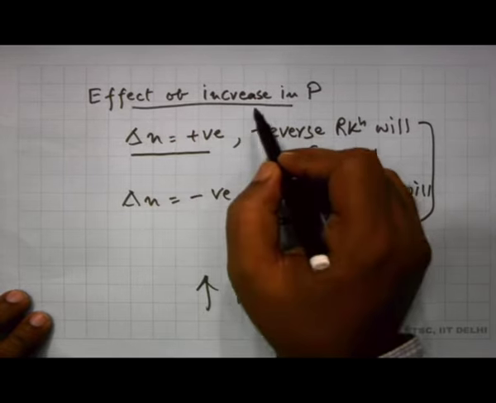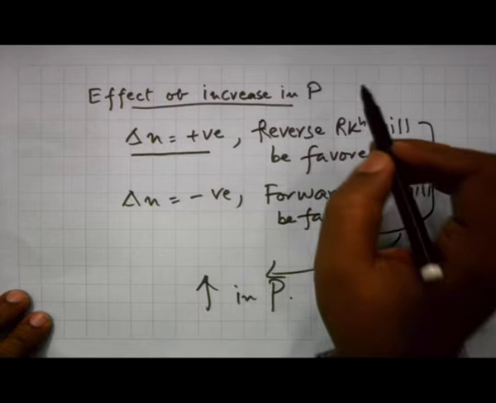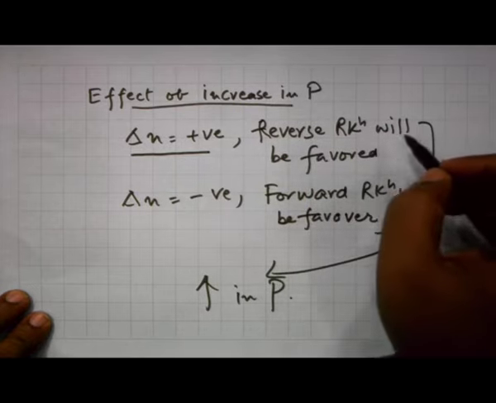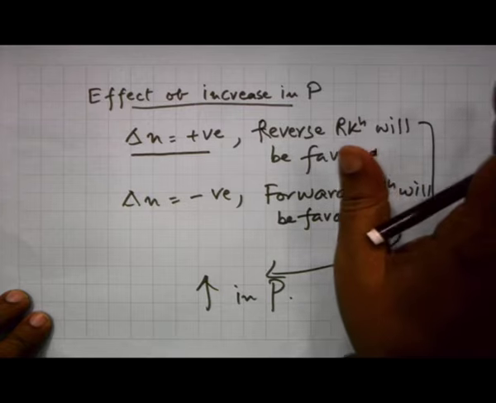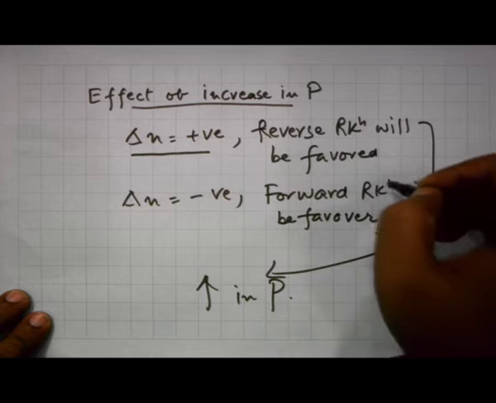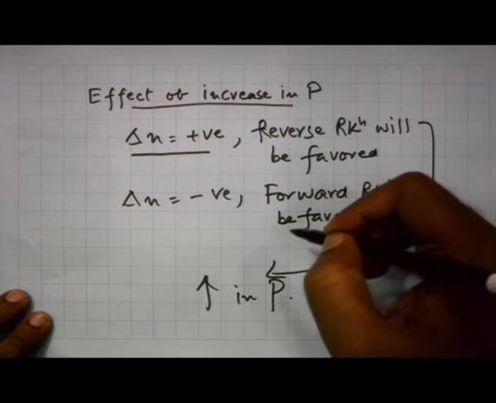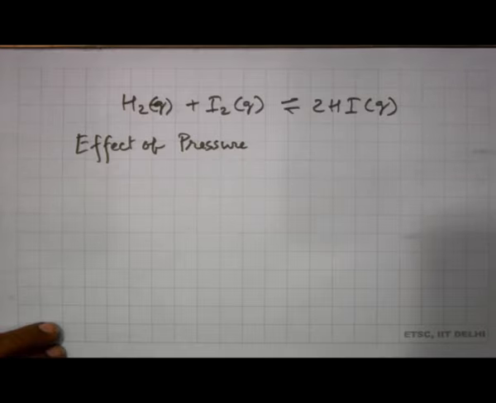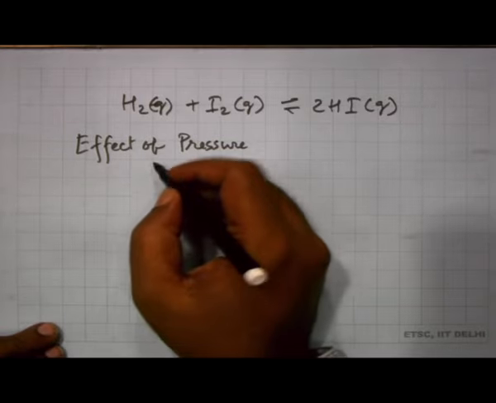We discussed the effect of increase in pressure. If delta n is positive, the reverse reaction will be favored with increase in pressure, whereas if delta n is negative, then the forward reaction will be favored with increase in pressure. Now, let us see what delta n is here.